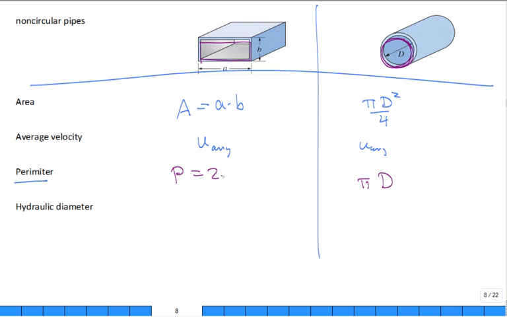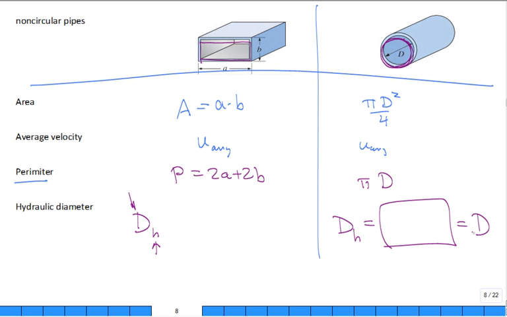Yeah, 2A plus 2B. And so then you can come up with the definition, other people have worked it out, for the hydraulic diameter, D subscript H. Why D, diameter? Why subscript H? Hydraulic. So it's hydraulic diameter. And what they want is they want the hydraulic diameter, regardless of the formula, to equal the physical diameter for a round pipe.